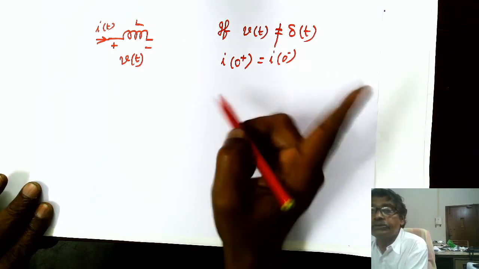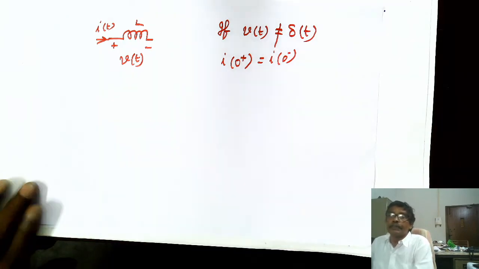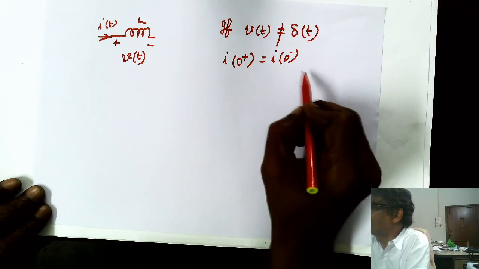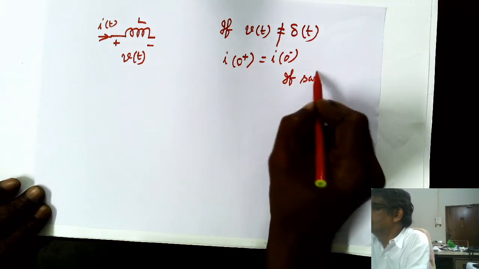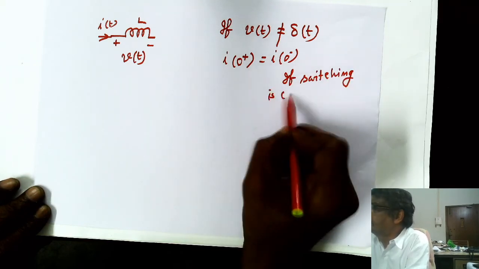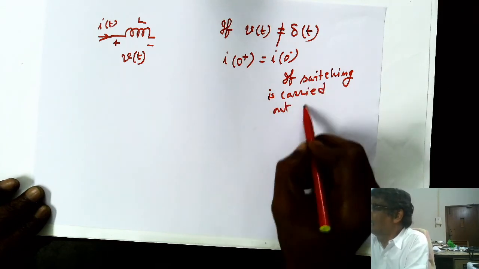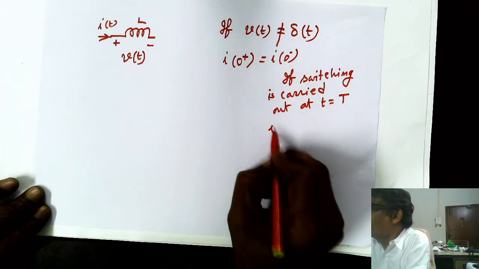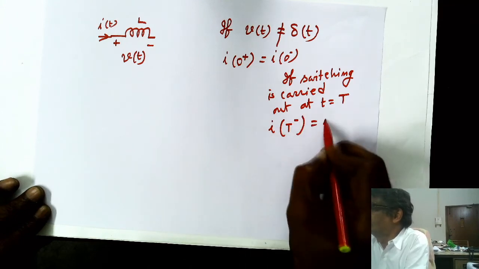What is 0? t equal to 0, you are doing some switching, that I have told you. If switching is carried out at some time t equal to capital T, then I(T minus) must be equal to I(T plus).